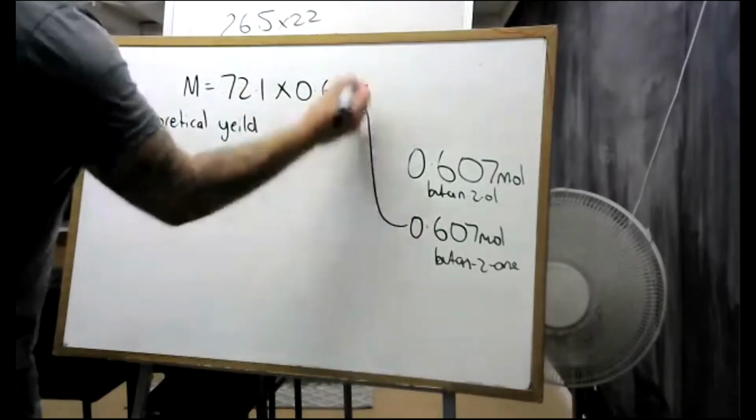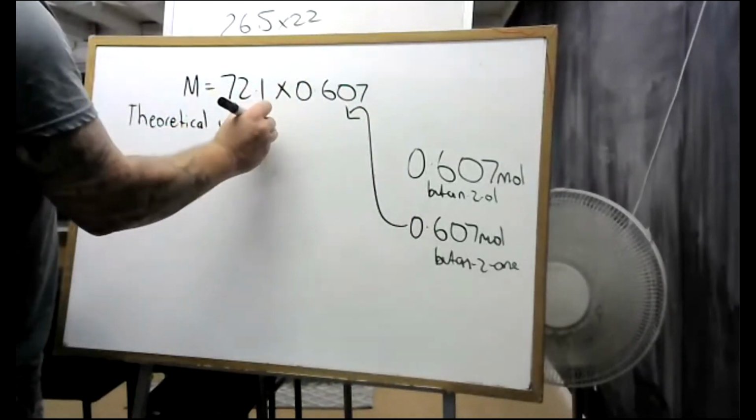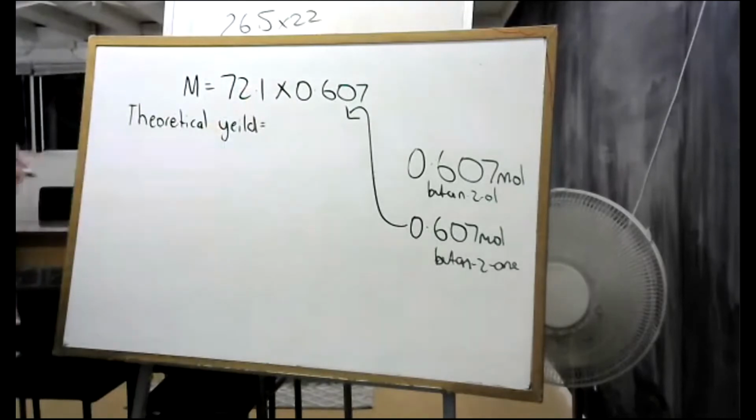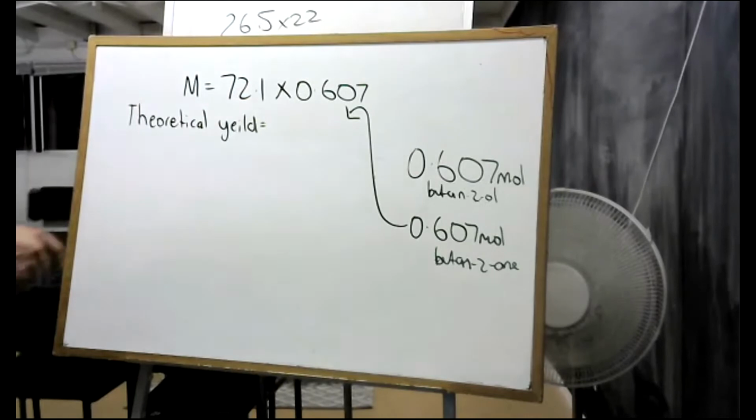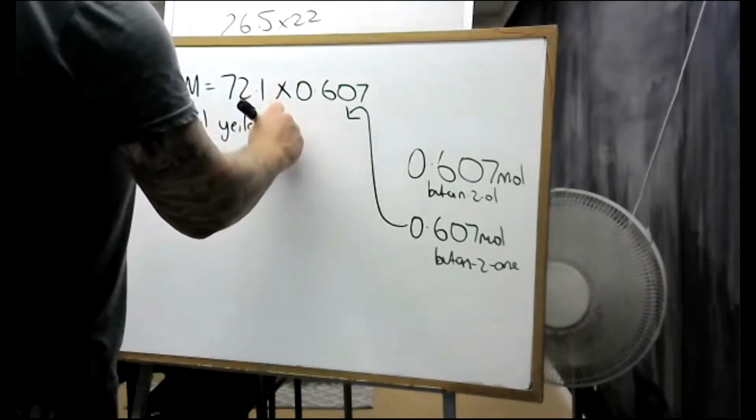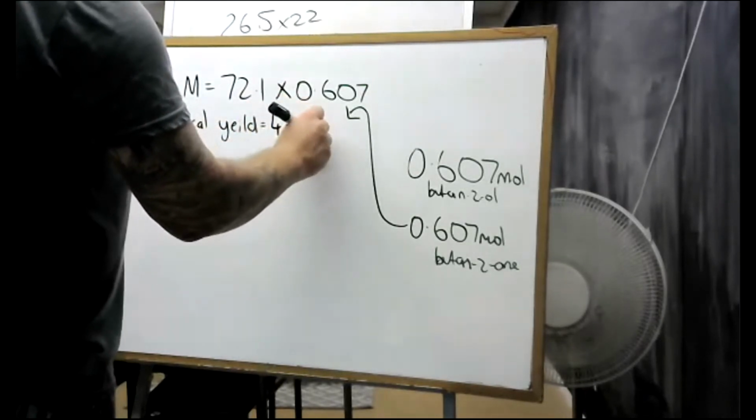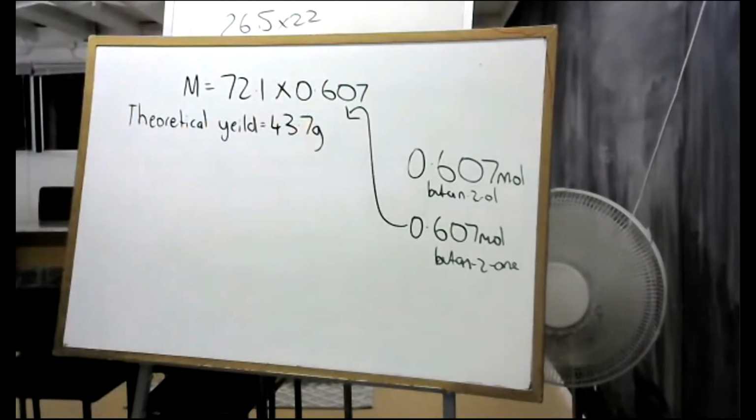We times that by the molar mass to cancel out the moles and leave us with the grams. So our theoretical yield is 43.7 grams. What was our actual yield that we got?